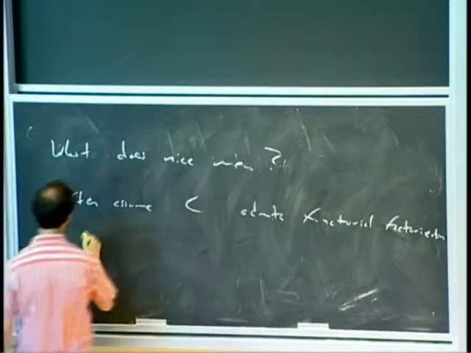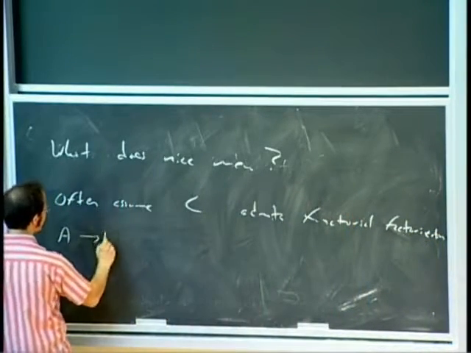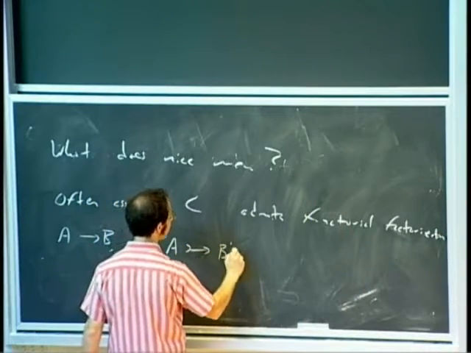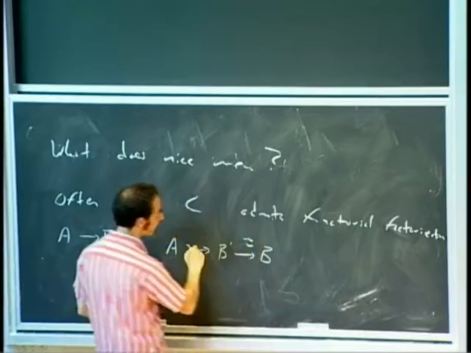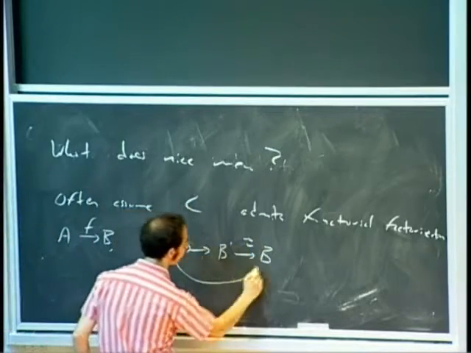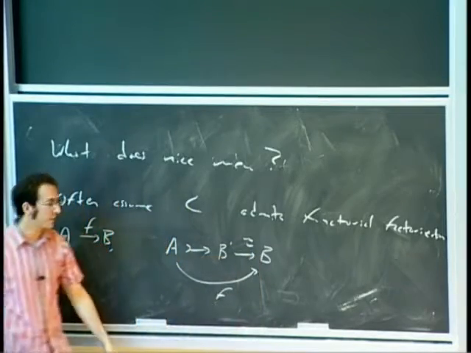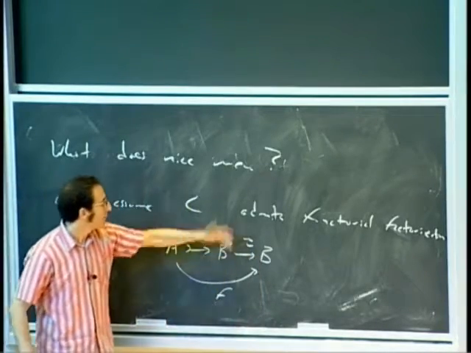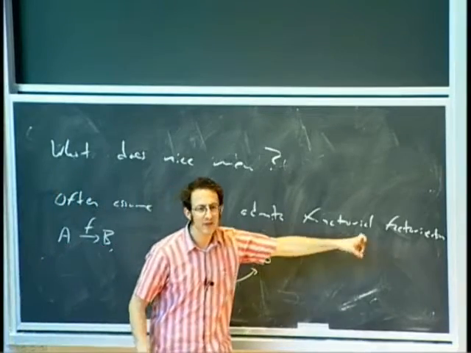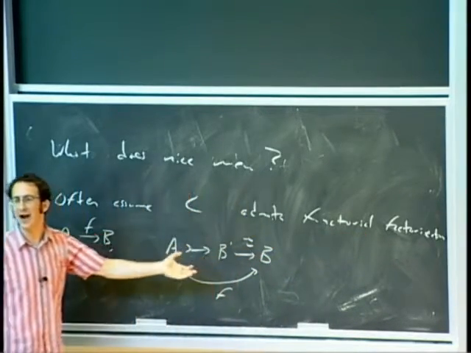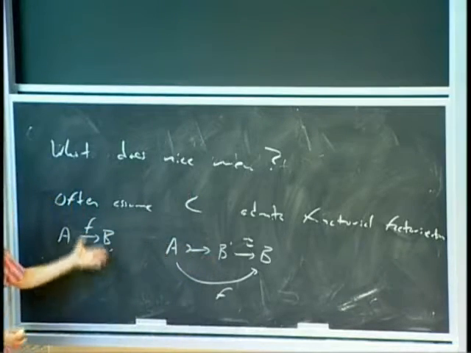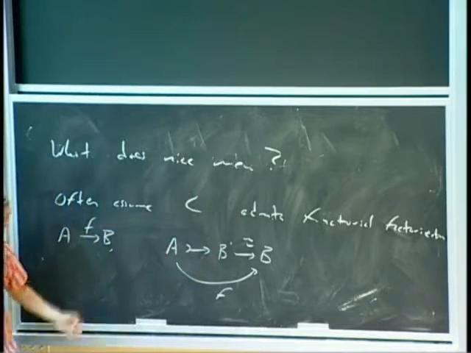So that if I have A to B, I can turn this into A to B prime to B, where the first map is a cofibration, the second map is a weak equivalence, and this diagram commutes. What it means to be functorial is that this is functorial in the category of arrows. So this is compatible with commutative diagrams, basically.